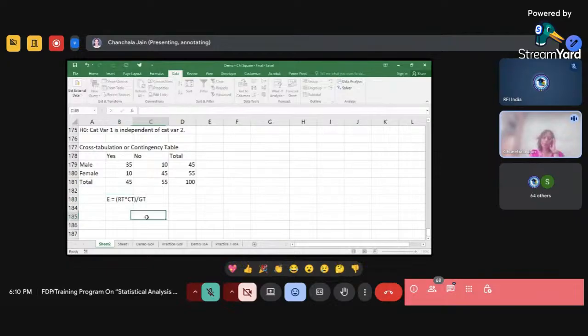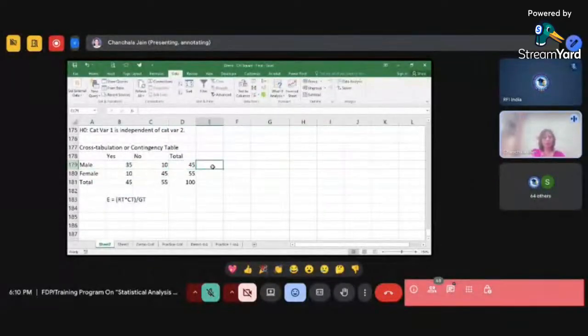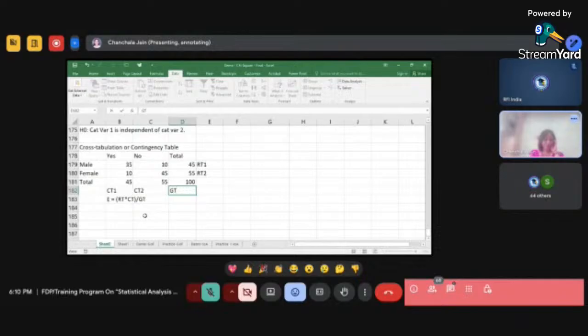Right? So you can see this is the first row, so this is your first row total. This is your row total 1, this is your row total 2. Similarly, this is your column total 1, this is column total 2, and this is your grand total. I hope it is clear.